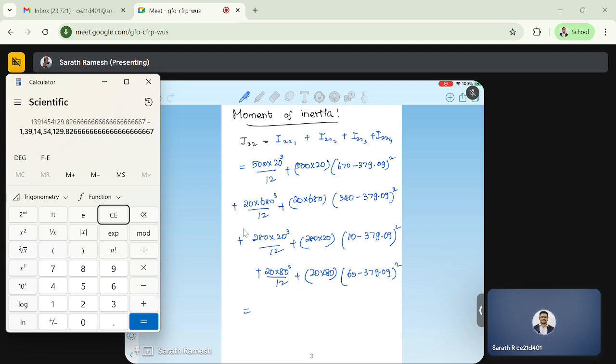Plus again 280 into 20 cube by 12, plus 280 into 20, 5600 times 369.09, the whole square.